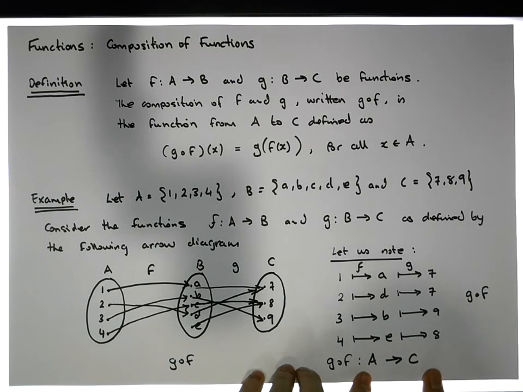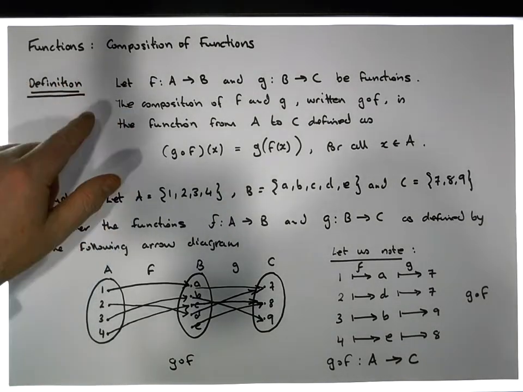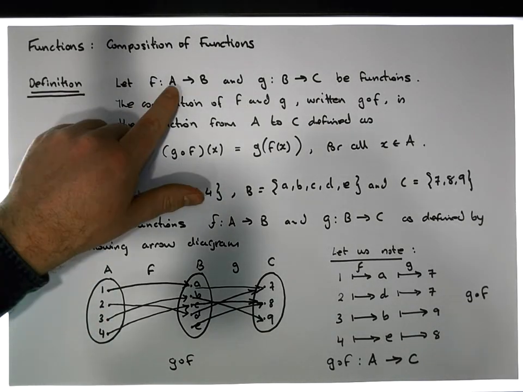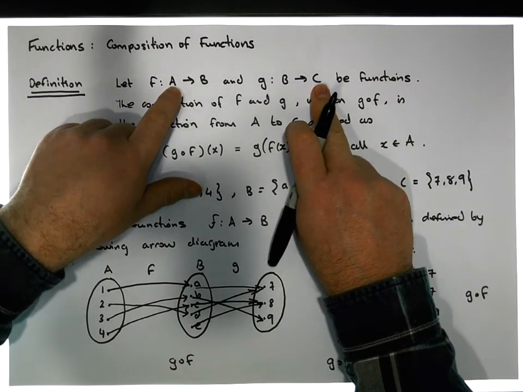That's what composition of functions is. It's simply a mapping from one set into a third set where we go through some intermediate values.